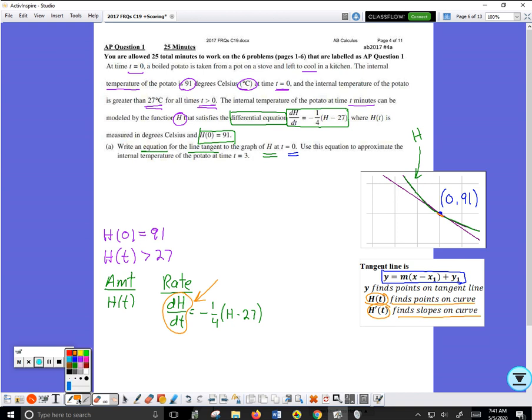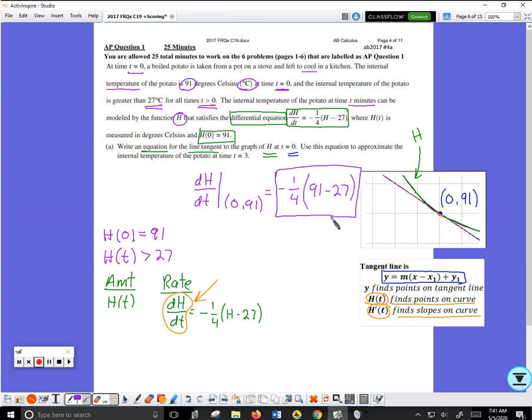So I'm going to write down, for the grader to see, dh over dt at (0, 91) is going to equal negative 1/4 times (91 subtract 27). And I really don't have to go further than that. I can just stop with that. That's my slope of the line tangent.